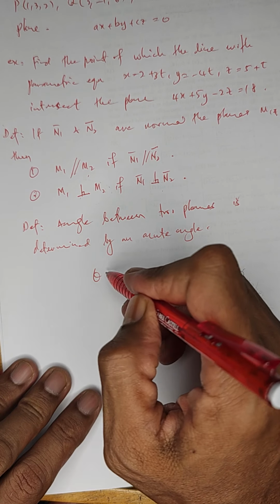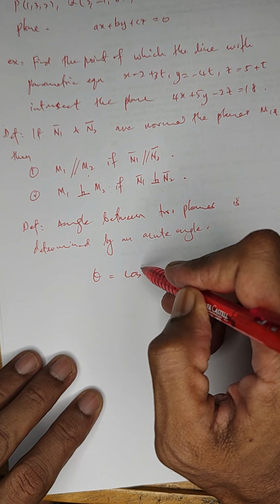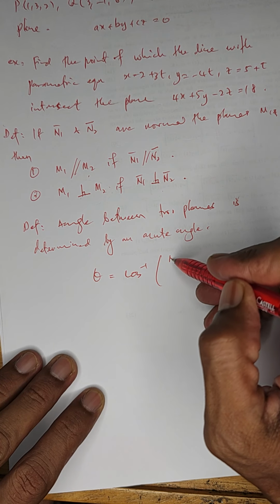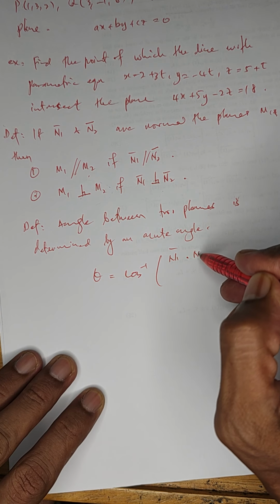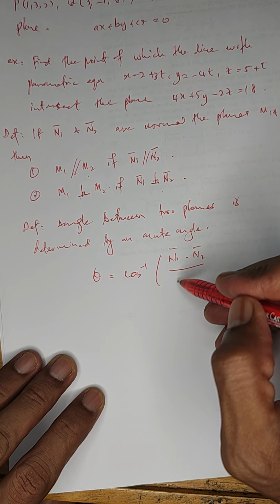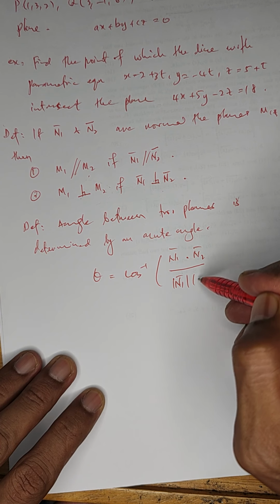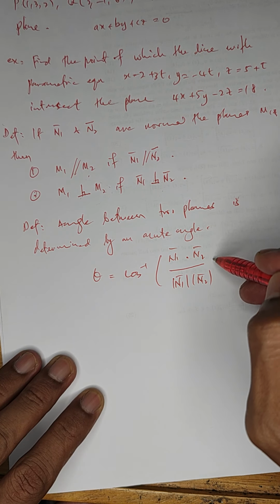So theta is given as cos theta equals the absolute value of n1 dot n2 over the magnitude of n1 times the magnitude of n2.